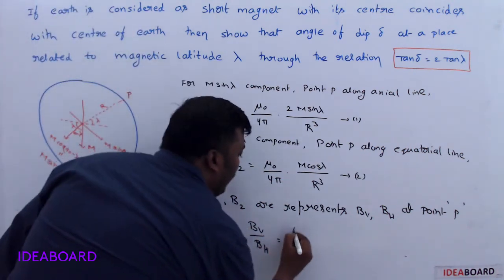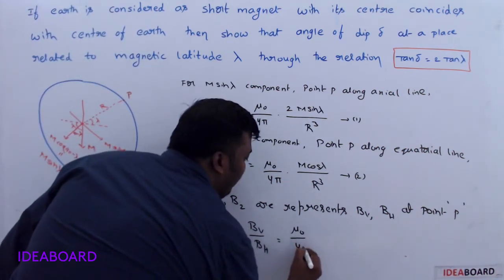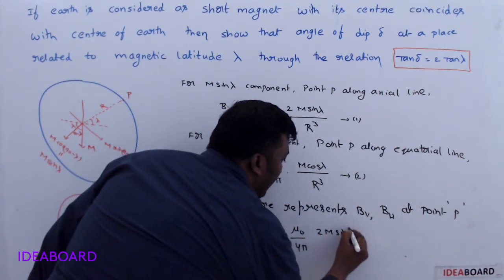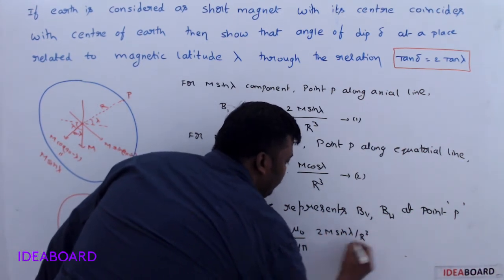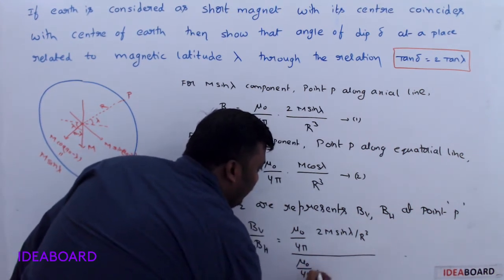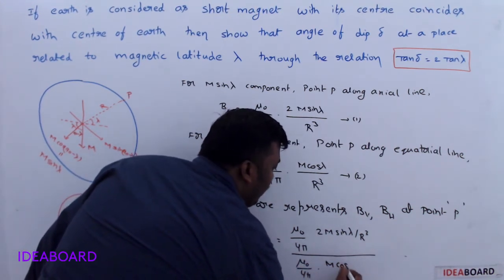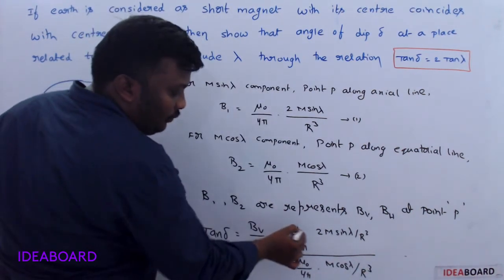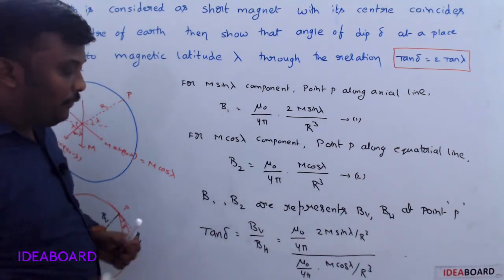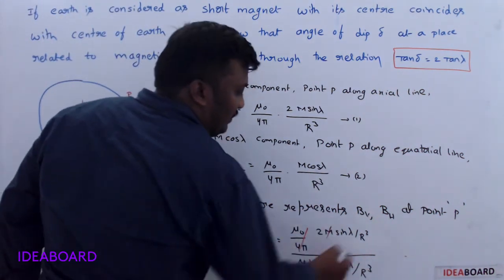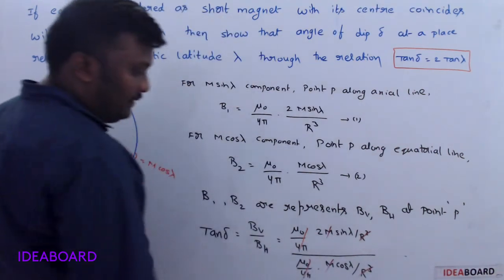That's why the formula now becomes mu naught by 4 pi into 2m sin lambda by r cube, divided by mu naught by 4 pi into m cos lambda by r cube. Mu naught by 4 pi cancels, r cube cancels.